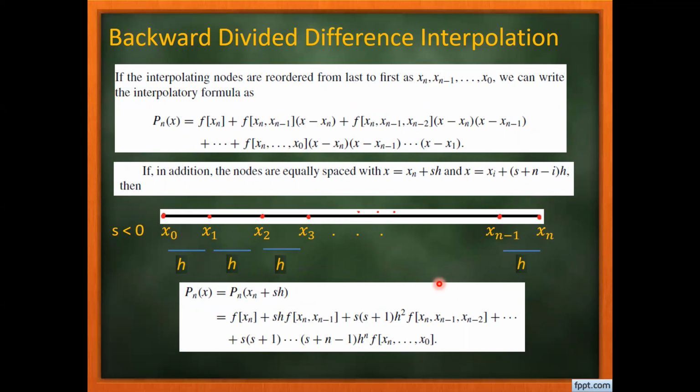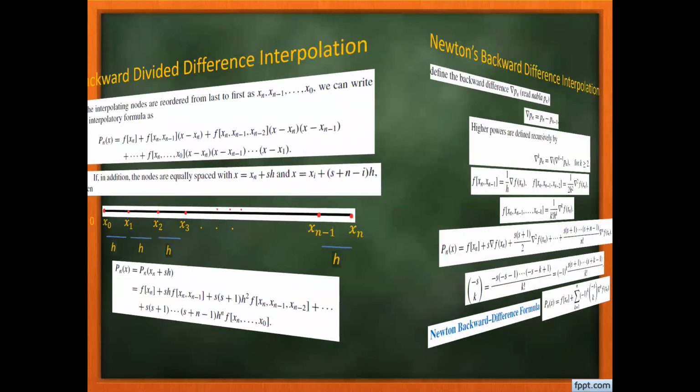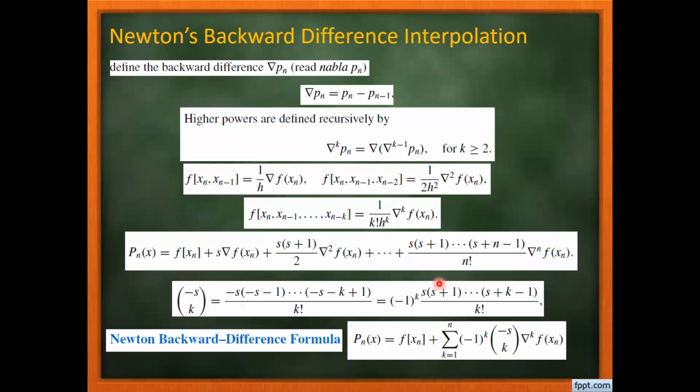We are going to replace backward divided with backward difference interpolation. So in this case, as we have assumed earlier, we have equally spaced data to make sure that we can simplify our procedure.